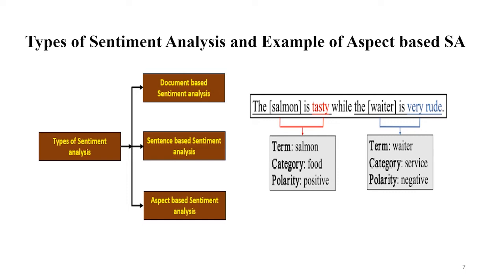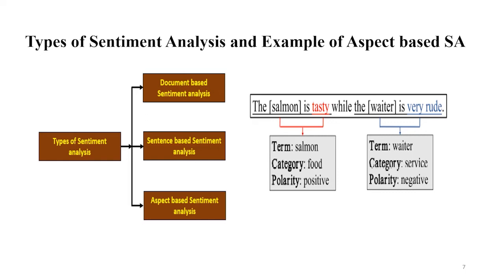In document-based sentiment analysis, the whole document is considered for analysis, and the document as a whole is classified as positive or negative sentiment. In sentence-based analysis, every sentence is extracted and analyzed to classify the sentiments as positive or negative. And these two, document and sentence-based analysis, are not giving the expected accuracy. So the third one, aspect-based sentiment analysis, is more effective.